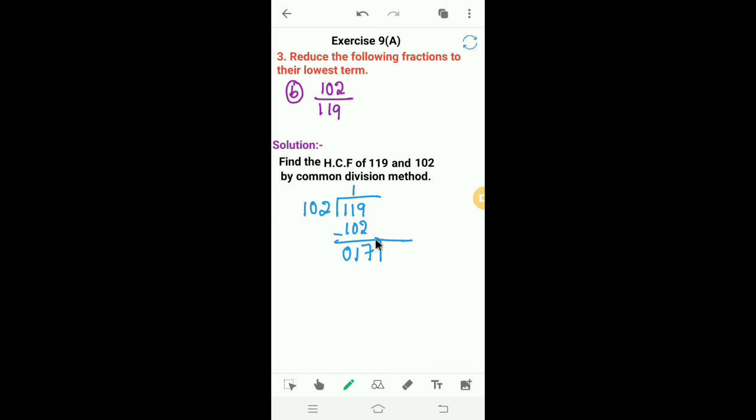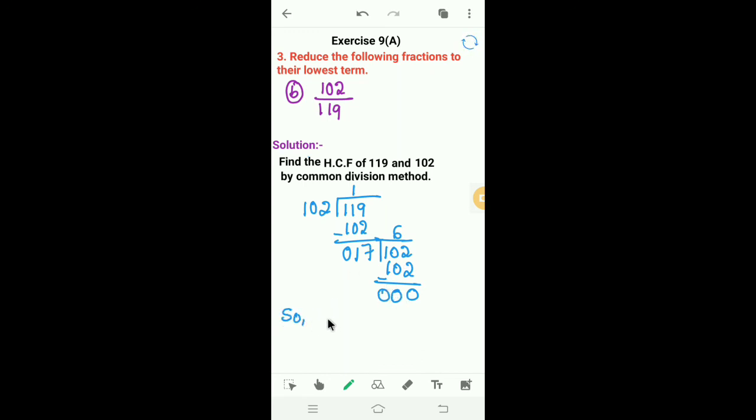Next step, the remainder becomes the divisor and the previous divisor becomes the dividend, that is 102. 17 6s are 102. 2 minus 2 is 0, 0 minus 0 is 0, 1 minus 1 is 0.